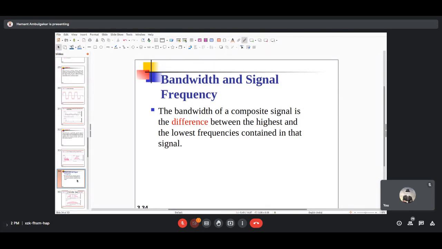Obviously we are interested in the bandwidth of a composite signal, which is the difference between the highest and the lowest frequencies contained in that signal.